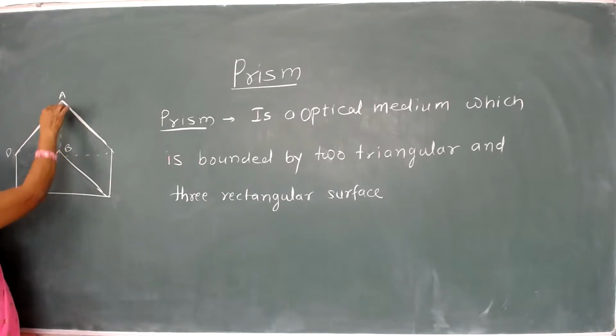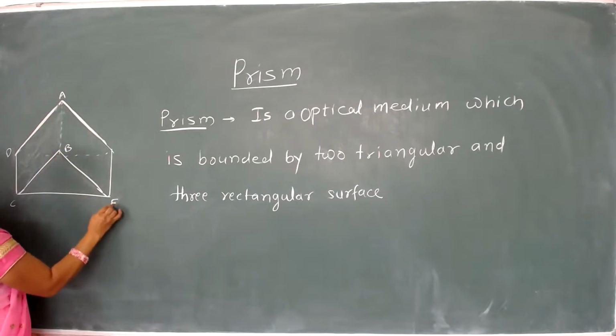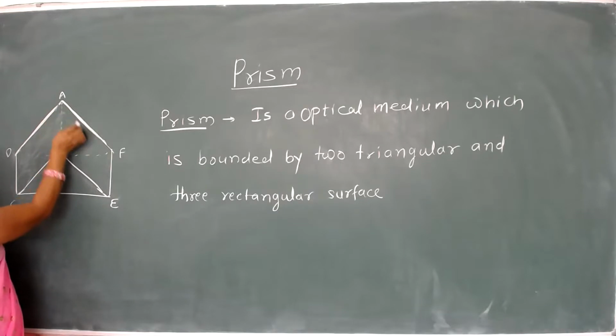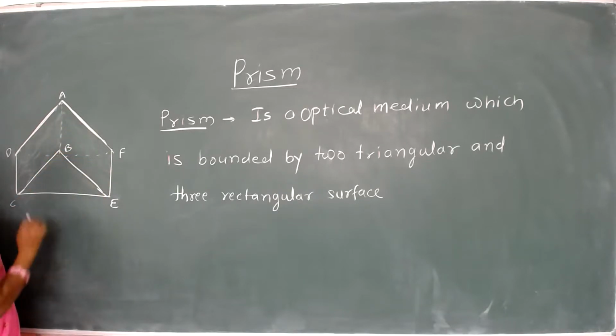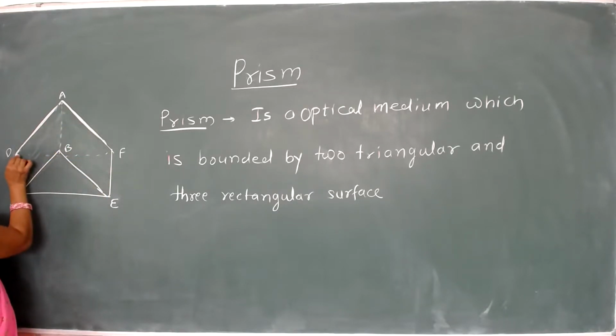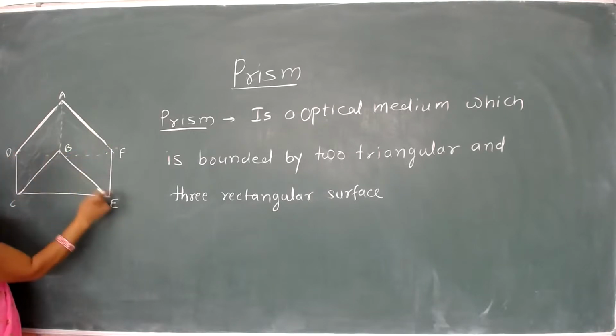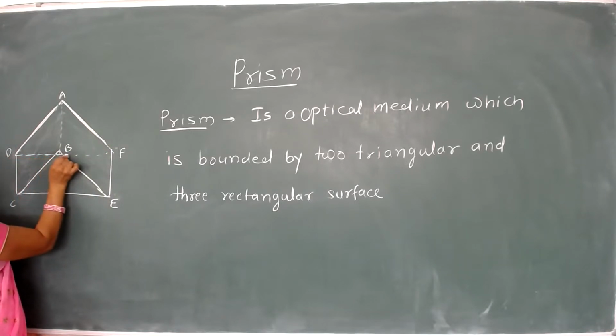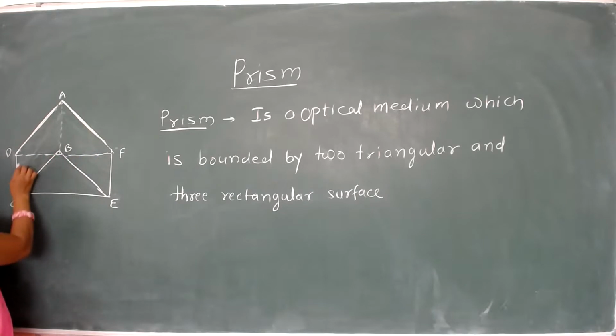The second one is A, B, E and F. The third one is C, D, F, G. So in this type, there are three rectangular surfaces in the prism.